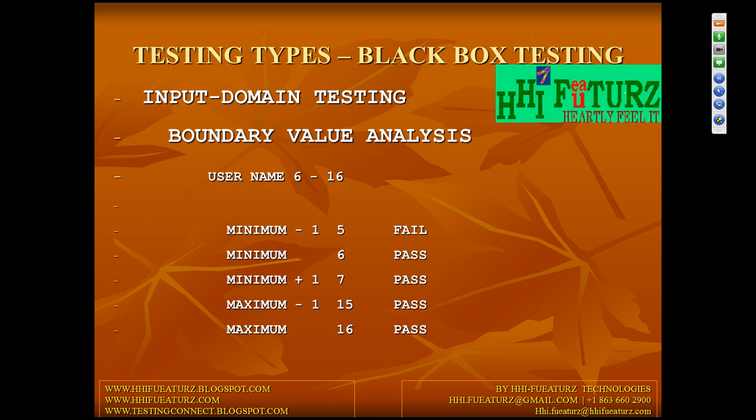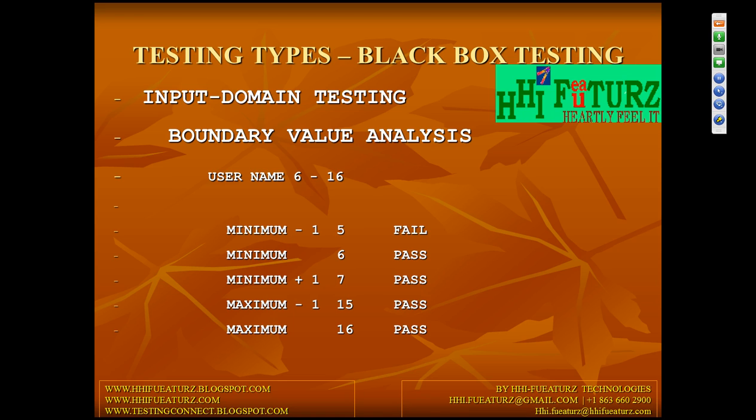So what to do is, boundary is nothing but range. In your mathematics, you could have come across it in your studies time. So for username, you have to test minimum -1, meaning 5 characters, should not accept. Minimum 6 characters should accept. Minimum +1, 7, should accept. Maximum -1, 15, should accept.